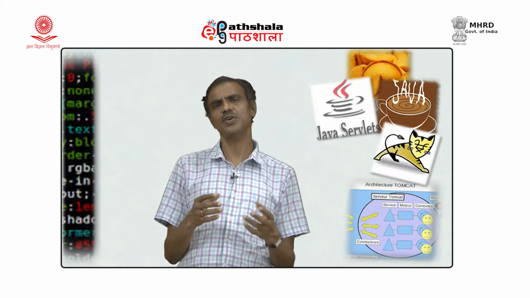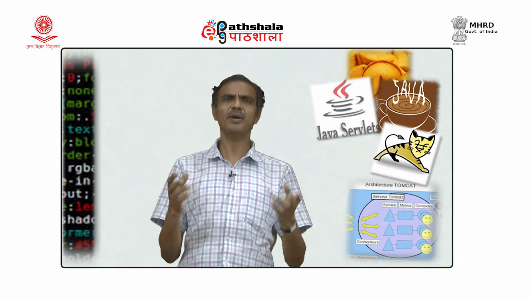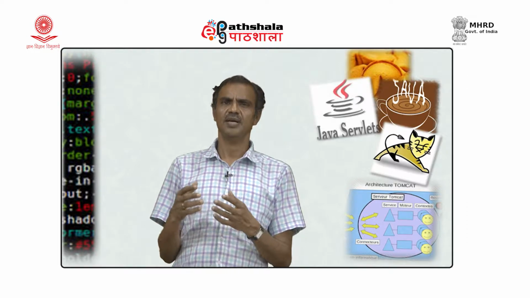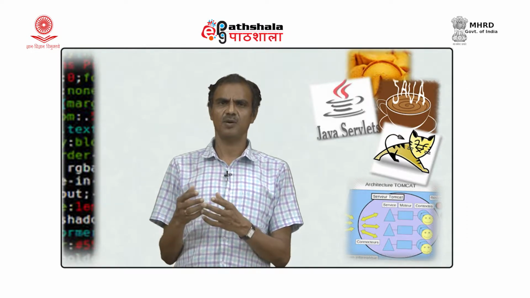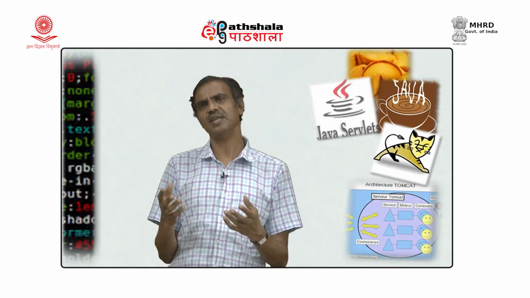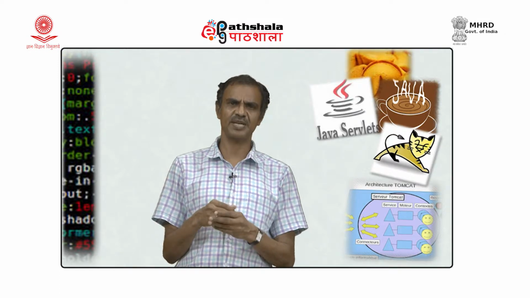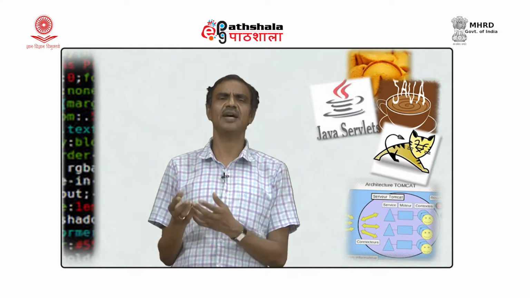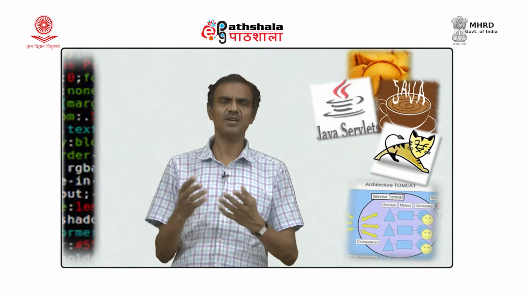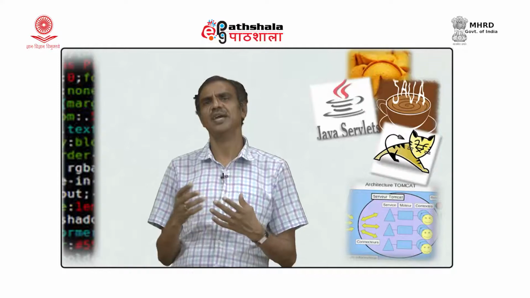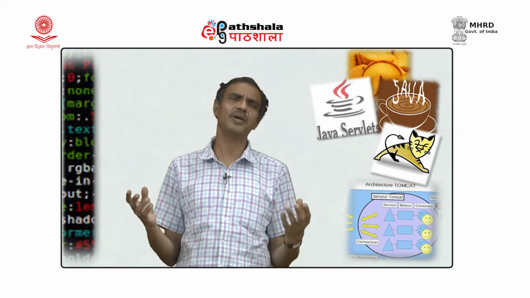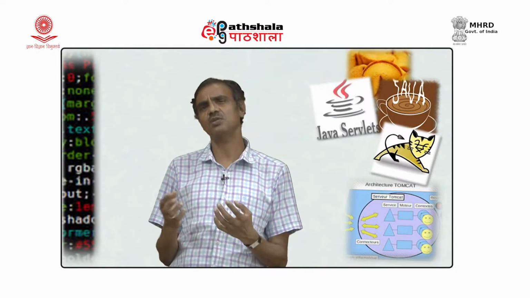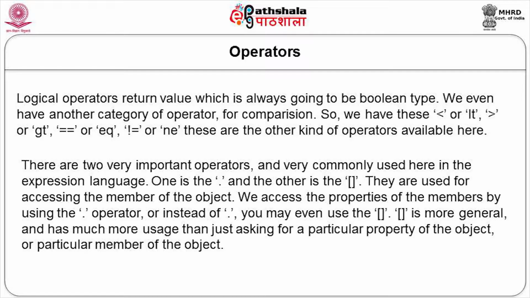Empty can be used for testing if a particular variable is available, if it is of type string, if it is a null, or if it is just an empty string, those kind of things can be tested with the help of empty operator. So, logical operators, their return value is always going to be Boolean type.